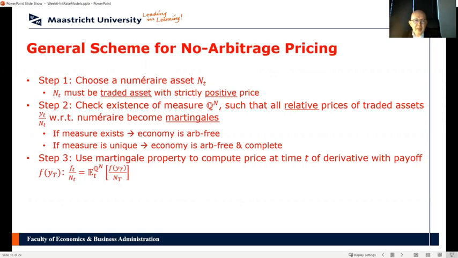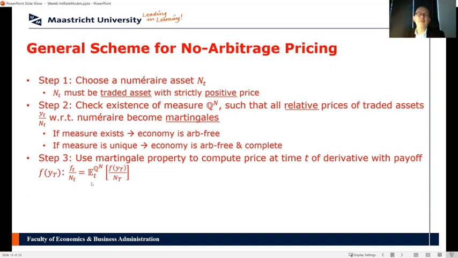And this is actually a double implication arrow. I can also say, if I assume that the economy is arbitrage free, then there must exist such a martingale measure. And then if I have selected this martingale measure, I can use the martingale property to compute the price today at time small t of any other asset in the economy by taking a Qn expectation of the payoff divided by the numeraire, and then I take the conditional expectation at time small t.